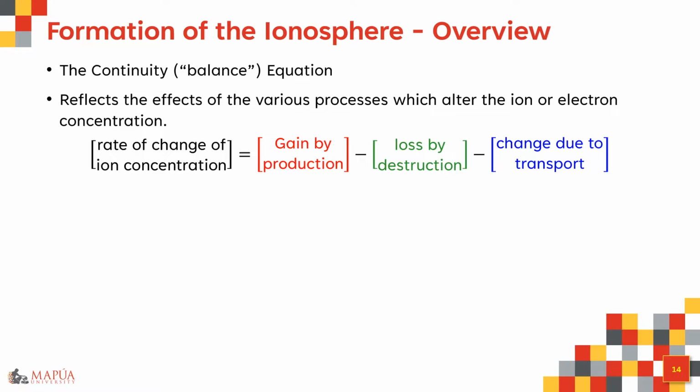Okay, so for example, the ionization in the Earth's ionosphere or in the polar caps changes when there is precipitation coming from the sun through the solar wind. So that's an example of precipitation, or change due to transport.